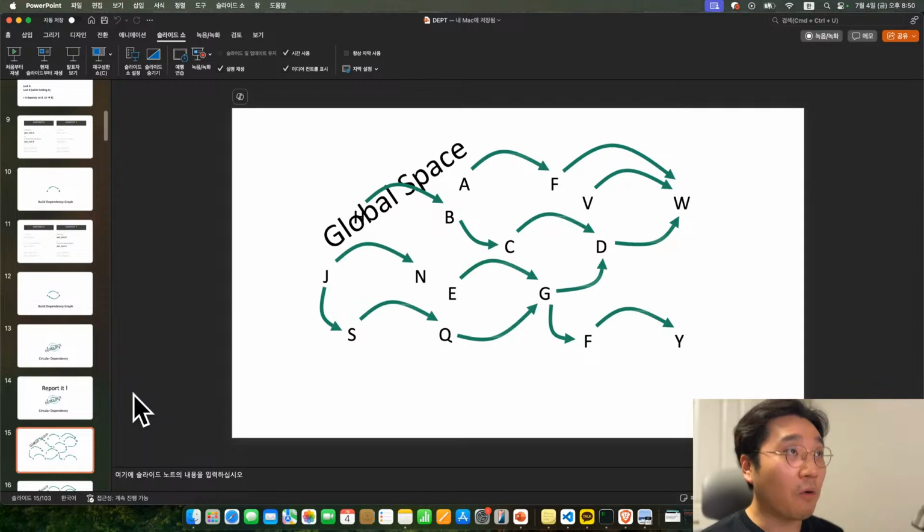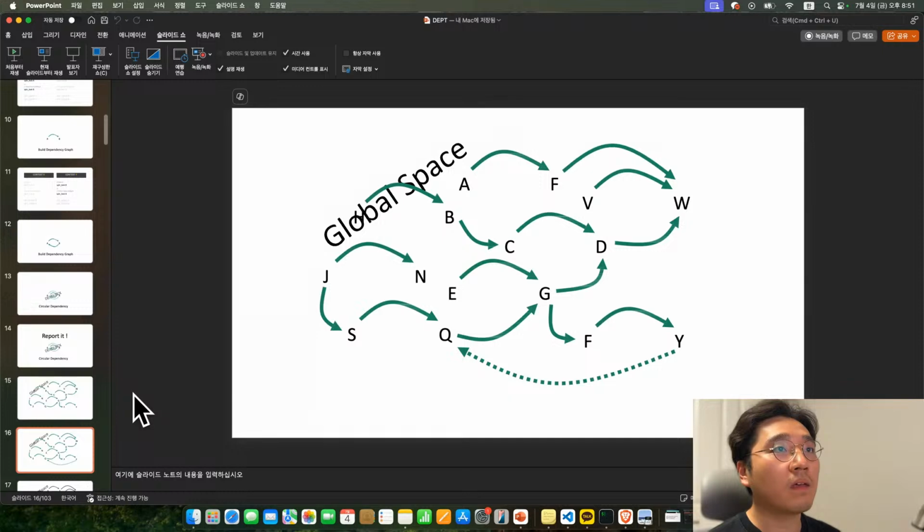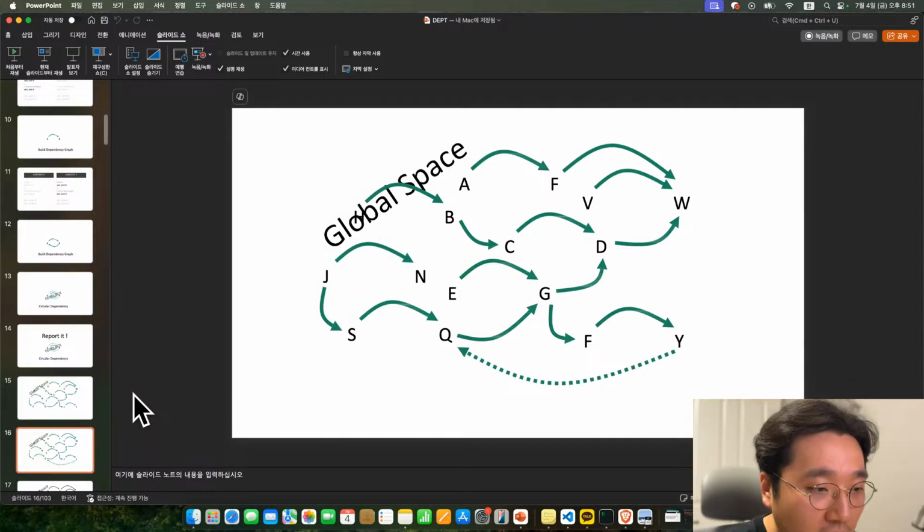So wow, there are so many dependencies in the global space, right? This is the situation in the Linux system we're learning about. There are so many processes and so many contexts in here, so there are so many dependencies.